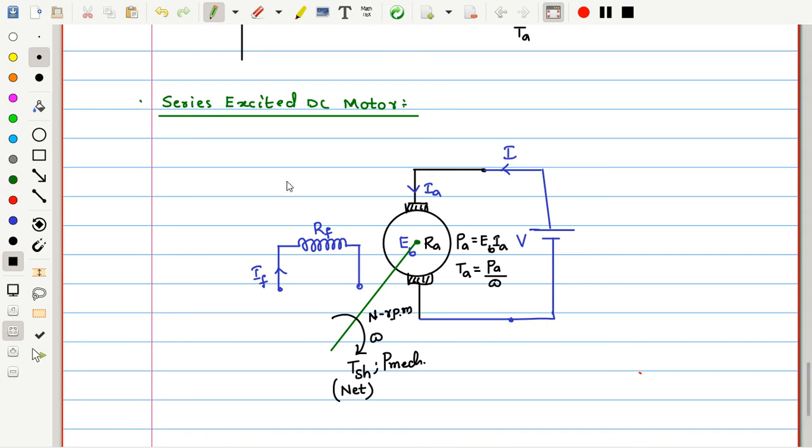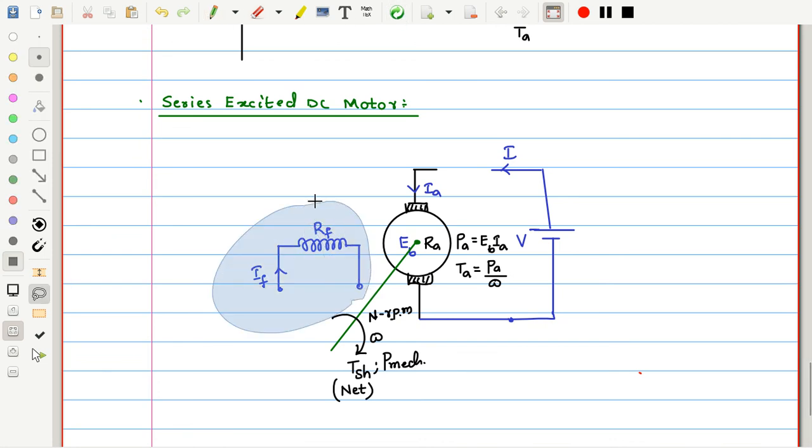Instead of connecting this field winding in parallel to the armature, I'll create some space here and connect the field winding over there.